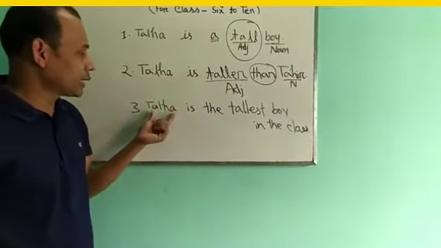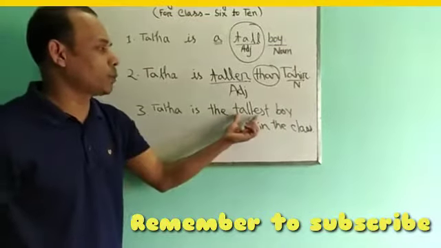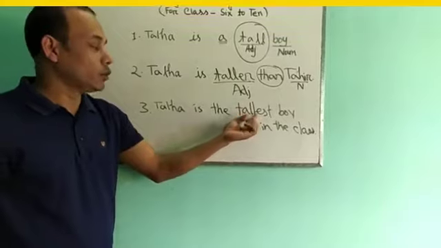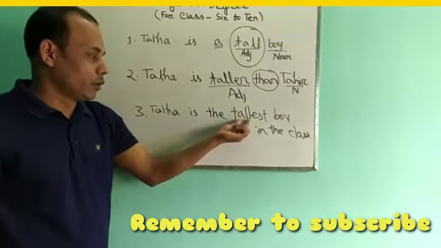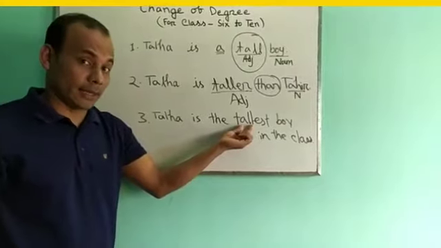And in the third sentence, Talha is the tallest boy in the class: Talha ক্লাসের মধ্যে সবচেয়ে বেশি লম্বা. It is also being compared with everyone in the class.